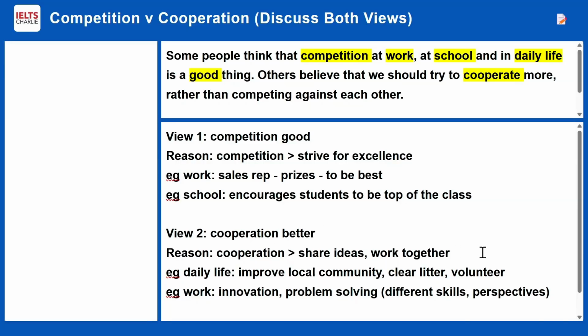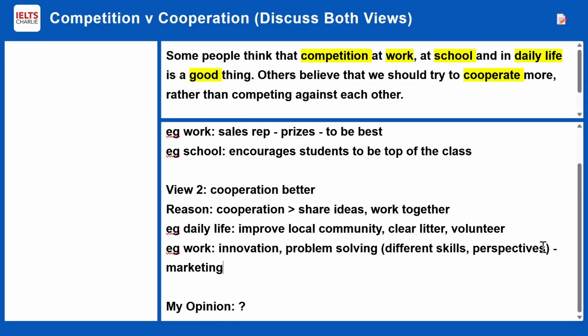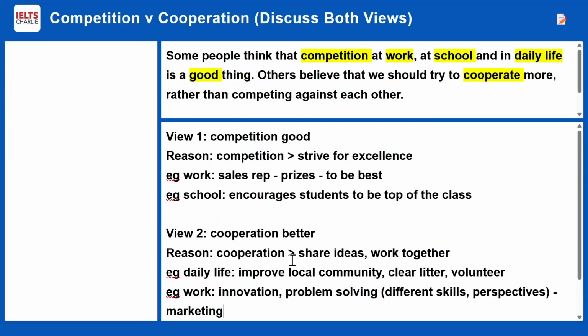So that's a good way of solving problems in a company. Maybe they have problems with marketing, and they need to make marketing better at their organization. So if they work together, share ideas, share their skills, their perspectives, then they'll be able to solve any problems that they might have. I could even go into more detail, but that's not necessary. This should be enough for this particular essay.